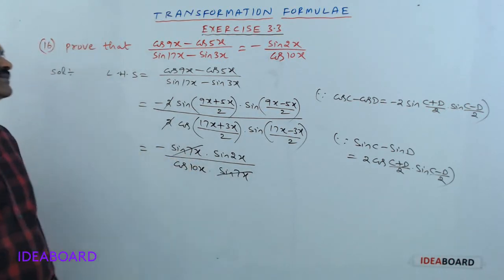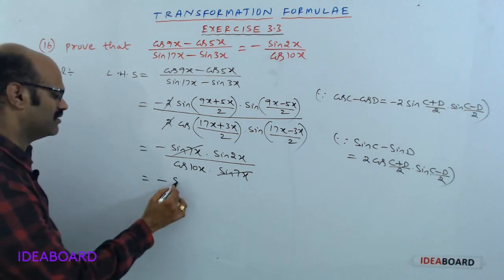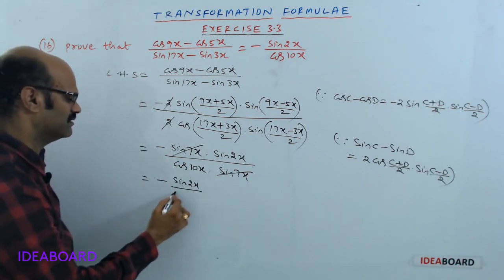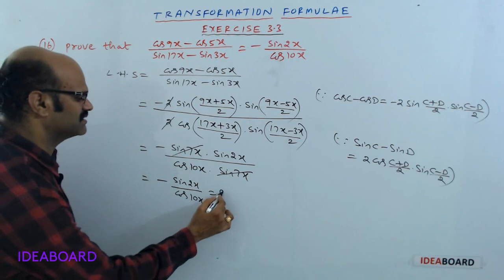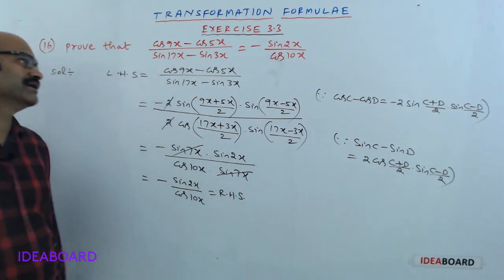So these two are cancelled. So that it's equal to minus sin 2x by cos 10x. LHS equal to RHS. Hence proved.